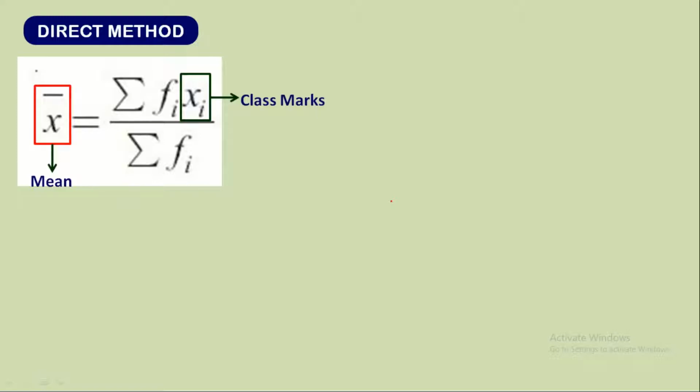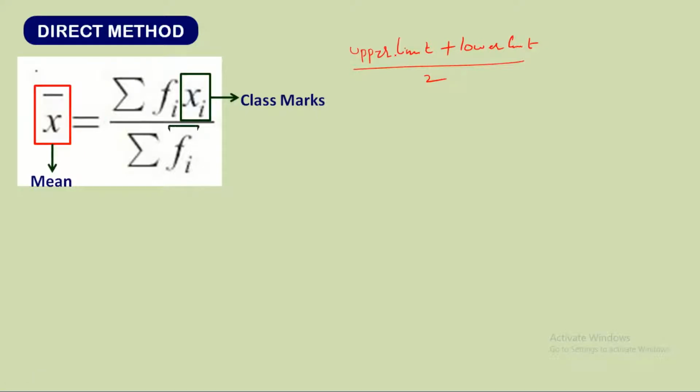And this class mark is calculated by taking the upper limit plus the lower limit, divided by 2, of each class. Like that we can find the class mark of any given class interval.